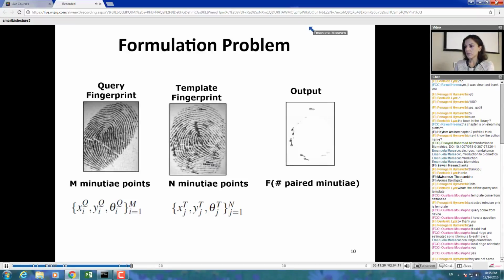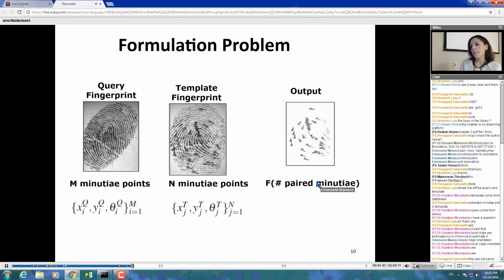This is how we formulate the problem. Comparison between two sets of information, comparison between local information and orientation, and the output of the matching will be a function f of the number of paired dimensions.